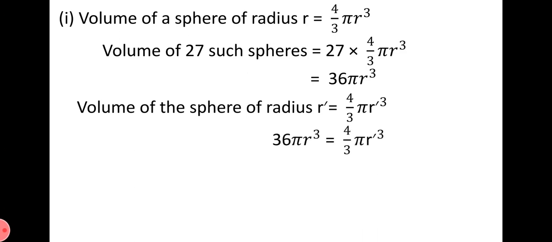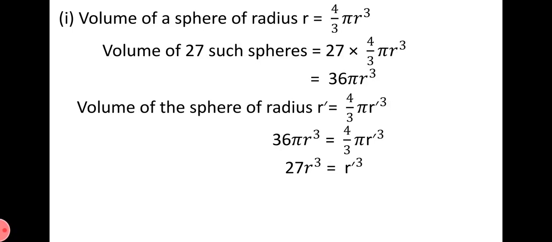So we write 36 pi r cube equals 4 upon 3 pi r dash cube. Again when we solve, pi will cut on both sides. You can cut 4 ones and 4 nines are 36, again you can cut 9 and 3, so you will get 9 multiplied by 3, that is equal to 27 r cube equals r dash cube.